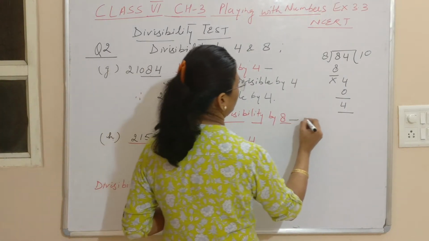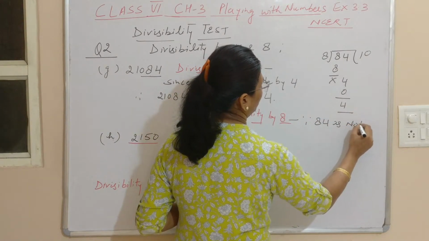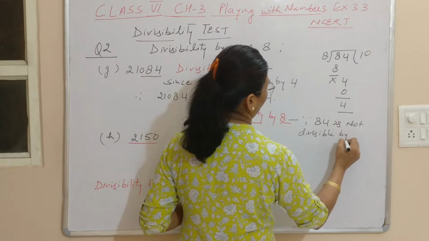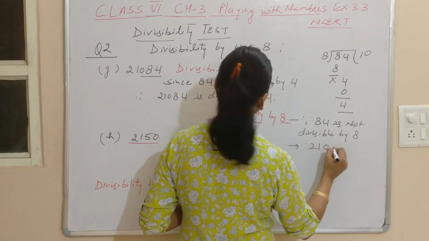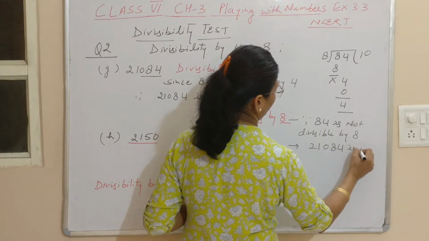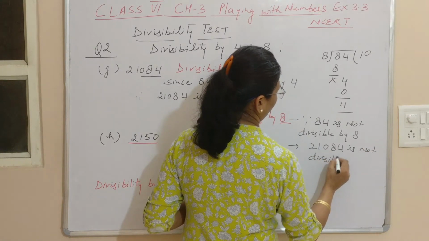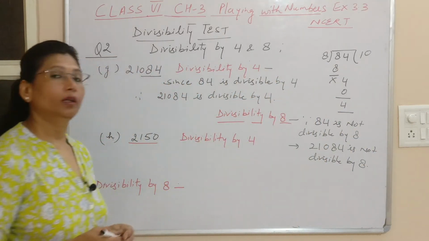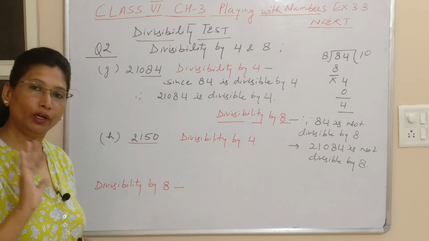So here, since 84 is not divisible by 8, therefore 21084 is not divisible by 8. Okay. Now moving to the last part of the question, 2150, we'll continue with the same.